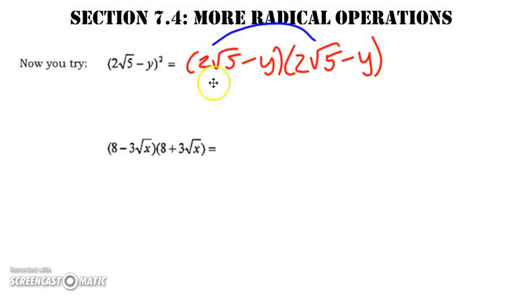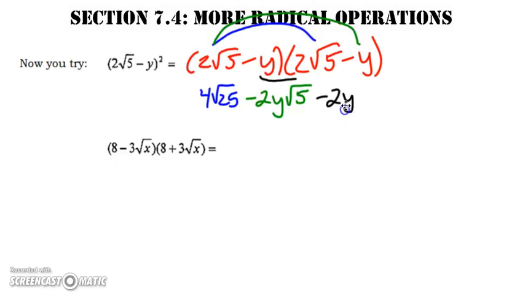First terms, we're going to get 4 square root of 25. Next, we'll take 2 root 5 and multiply it by negative y. We have to keep the root 5, so we have negative 2y, and then our root 5. Inside here we have another negative 2y, root 5.